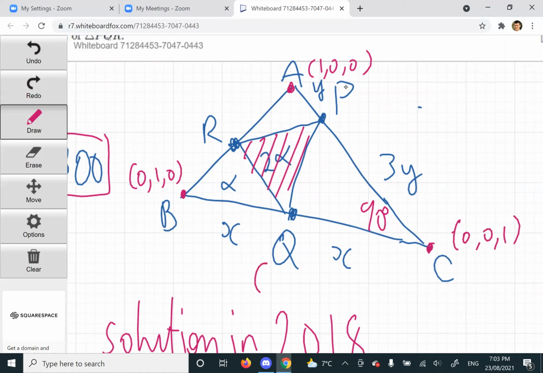The A part is 0, and it's halfway between B and C. So Q is where the center of mass would be if you put equal weights on B and C and no weight at A. If you put no weight at A, then obviously Q will be on the line BC, and depending on what values you put on B and C, Q will be closer to B or closer to C. So Q will be halfway if it's equal values at B and C. Yep. Would P be 3/4, 0, 1/4?